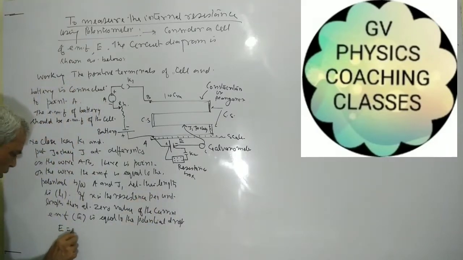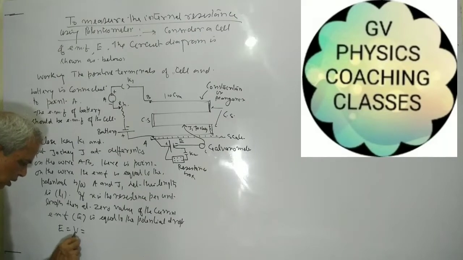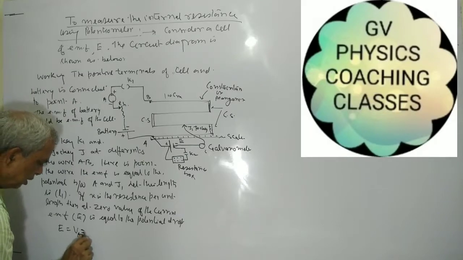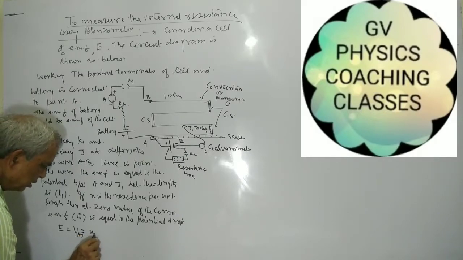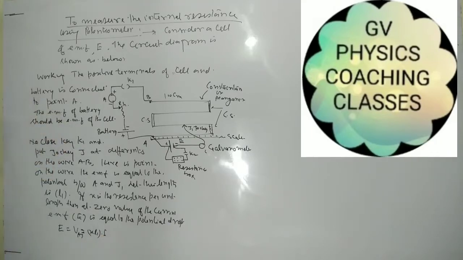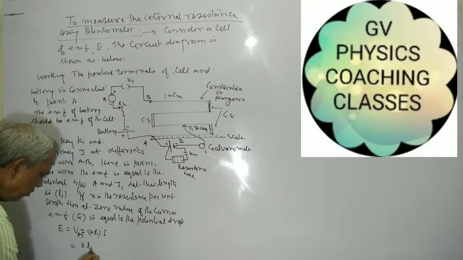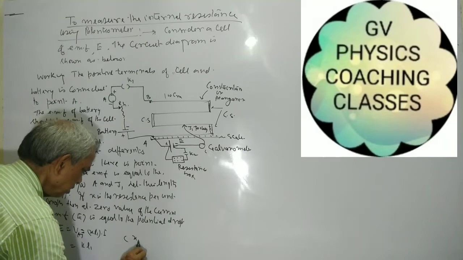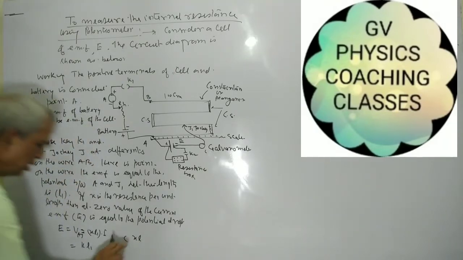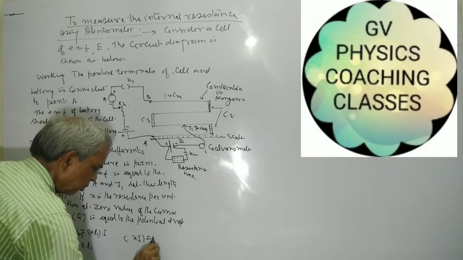Then E is equal to V_AJ1, that is X L1 into I, or it is K L1, since X I is constant.